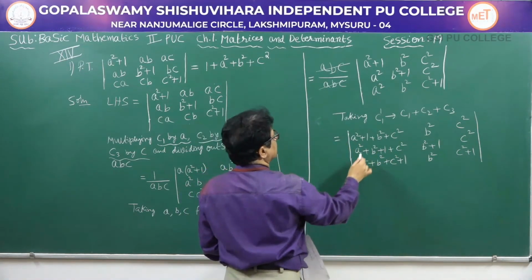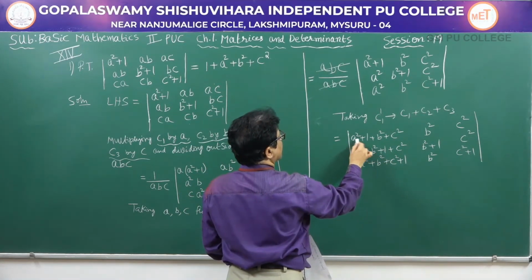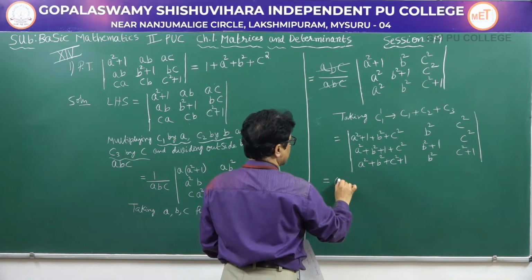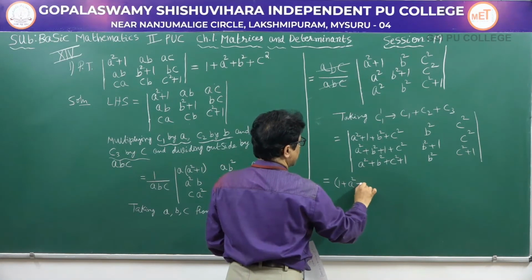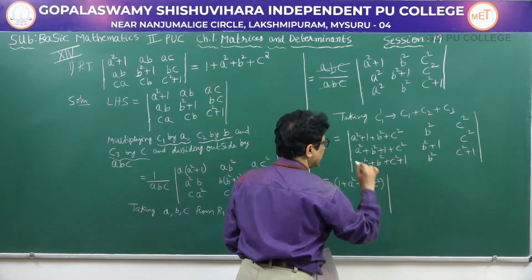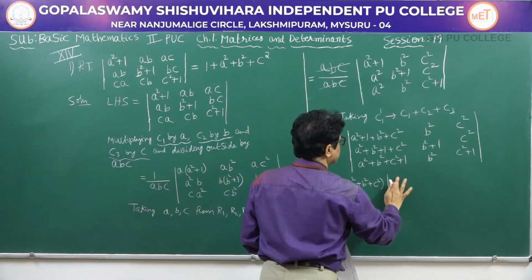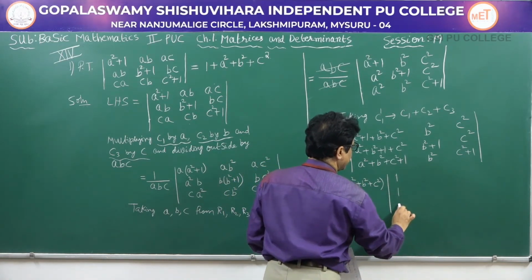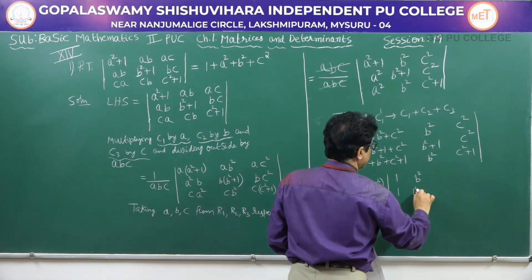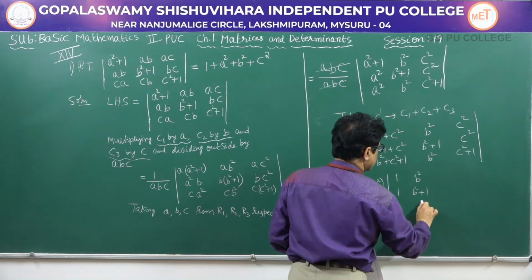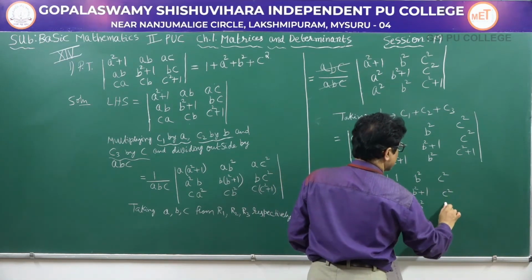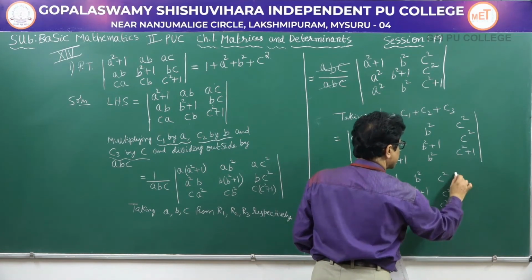We can take 1 plus A square plus B square plus C square common from the first column. So, we have 1 plus A square plus B square plus C square into determinant of 1, 1, 1, B square plus 1, B square, C square, C square, C square plus 1.